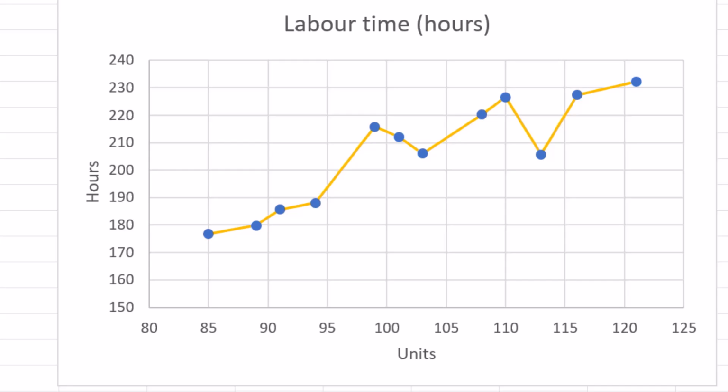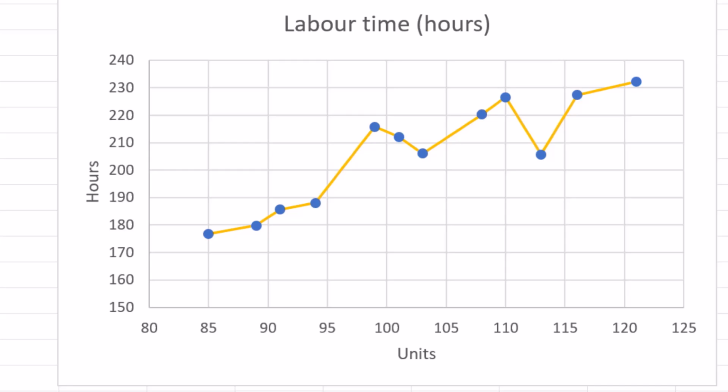Labor time, let's imagine we have two factors there. The skills of the worker. More experienced workers go faster, less experienced workers go slower. And the quality of the wood. If I have high quality wood, the team can produce the bowls faster. If I have poor quality wood with lots of knots or maybe split wood, then it takes longer to make the bowls.